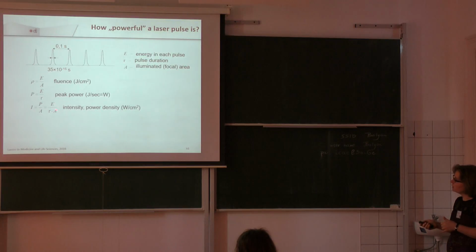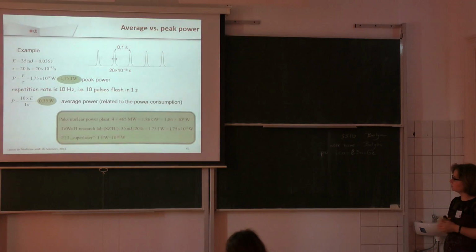Or when I talk about the intensity of light, I take energy divided by time and space. So this is what really describes the strength of the light field in this laser pulse. Intensity is related to the electric field strength. So I take the input energy, see how much I can concentrate it both in space and time, and then it gives us the strength of the electric field.